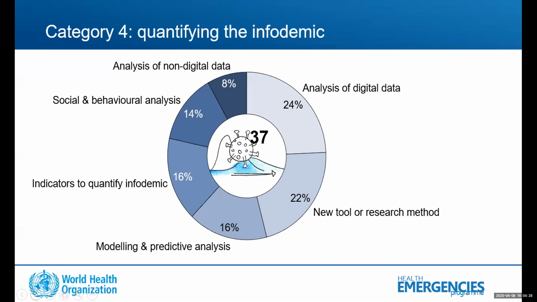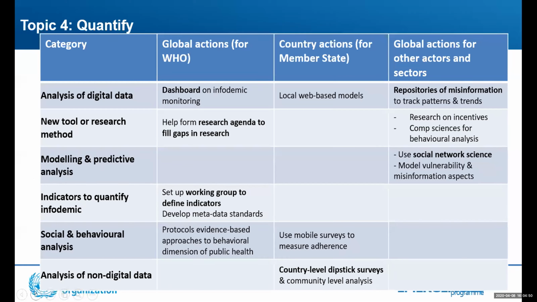So the message is not to only focus on the digital data, although that's a very big part, of course, of this infodemic and of our response. Then some input on new tools and research methods, modeling and predictive analysis, and also ideas for indicators to quantify the infodemic. Go to the next slide.